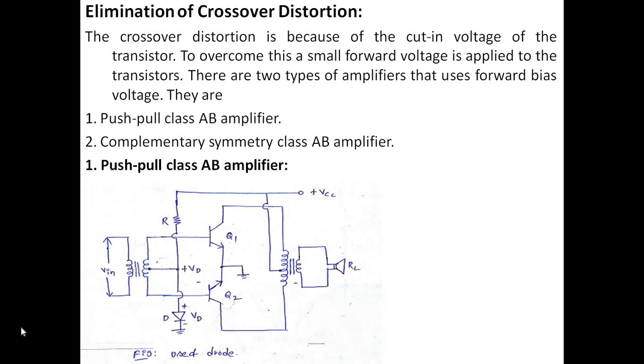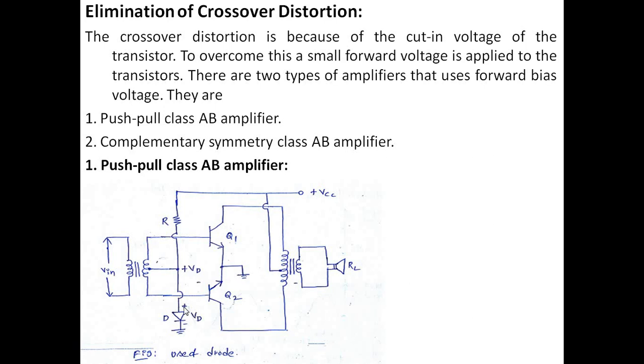Now let us see the first one, the push-pull class AB amplifier. The only modification is that you are additionally adding a diode along with a resistor. This resistor ensures that the diode is not damaged. Whenever the diode is under forward biased condition, you apply VCC. Now this is forward biased, with plus and minus as marked.